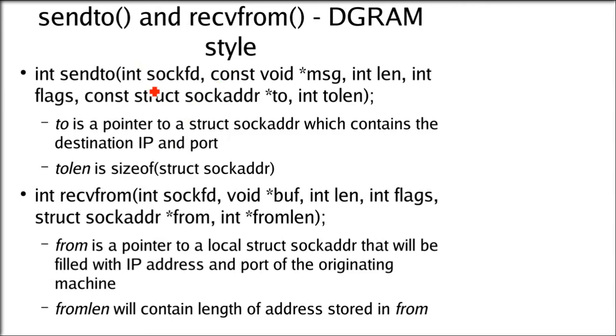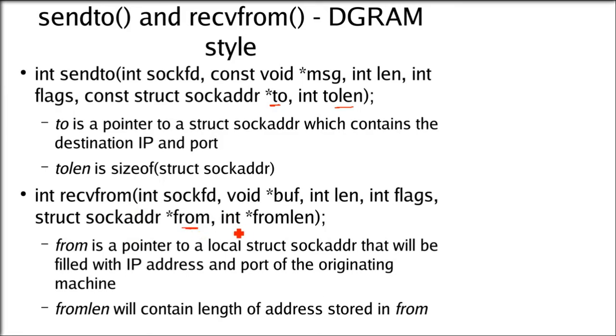Now, when you come to datagram, that is the UDP type, we have sendto and recvfrom. The parameters are more because there is no connection being established. So we have sendto: sockfd, and all other things you know. Let me tell you the special things. This const struct sockaddr *to is a pointer that contains the destination IP and port. The other thing is tolen, the length.